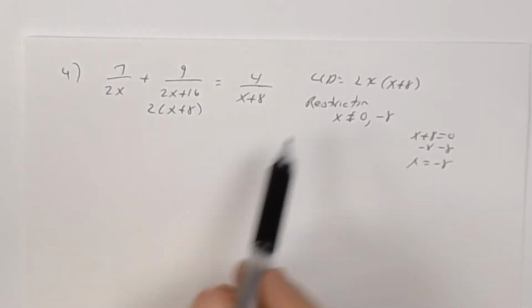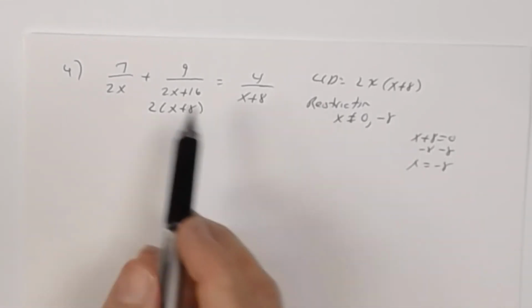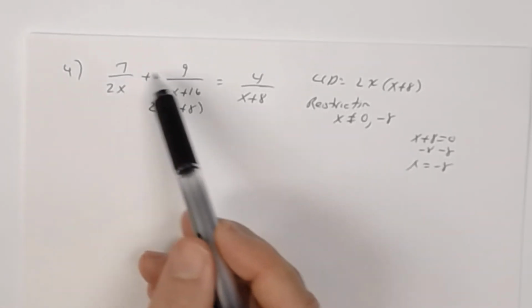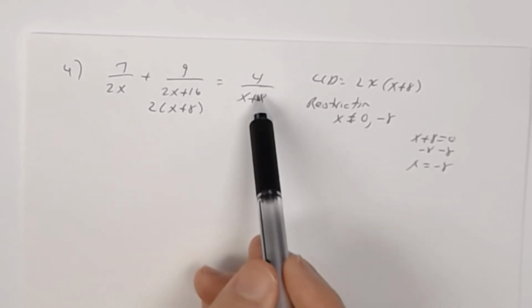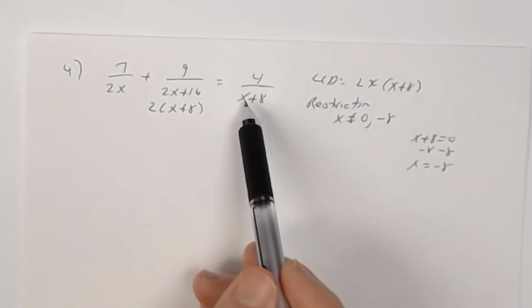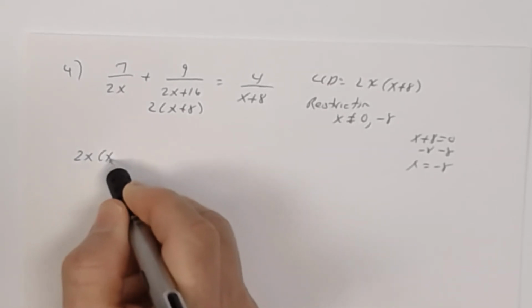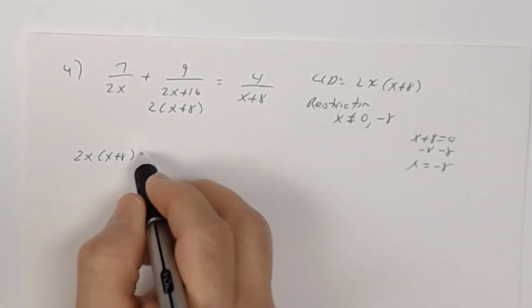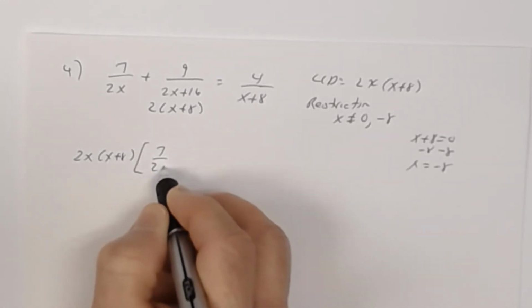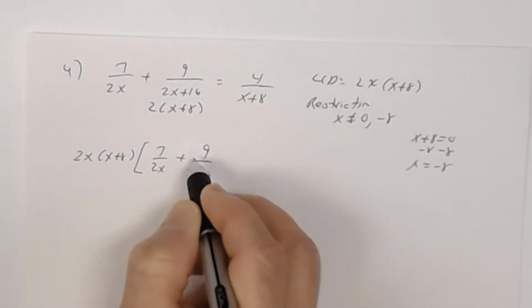All right, now, once you find your least common denominator, let's go ahead and multiply both sides by the least common denominator. Notice that there are two fractions on this side, so let's put that in parentheses. There's only one here, so I'm not going to use parentheses on this side. So I get 2x times x plus 8. Remember, you're multiplying both sides by the least common denominator, times 7 divided by 2x plus 9 divided by 2x plus, let's go ahead and use factored form.